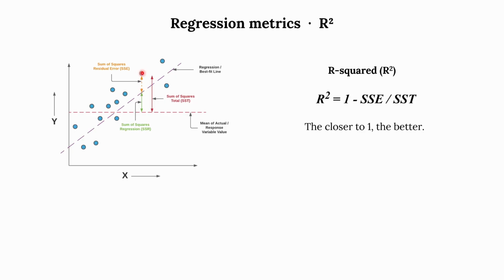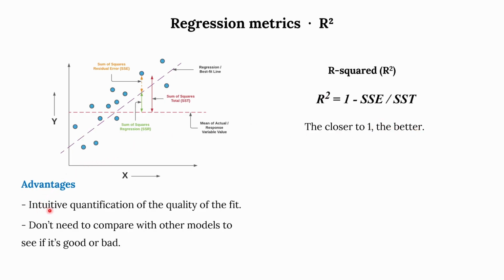This will be your prediction, and the real value will be right here. And this one right here is basically the spread of the epsilon. Okay, we'll see this in a while. The closer R squared is to 1, the better.